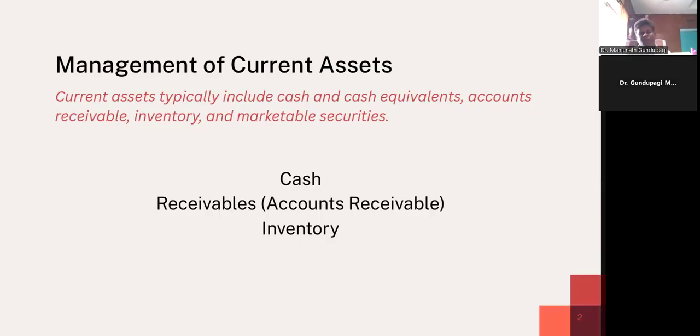Efficient management of current assets is critical for the smooth functioning of a business and for maintaining short-term solvency. Current assets typically include cash and cash equivalents, accounts receivable, inventory, and marketable securities.